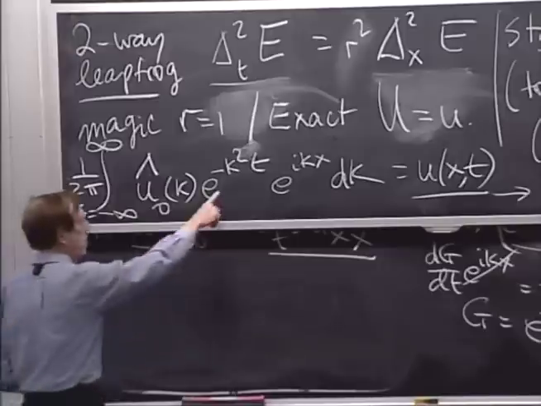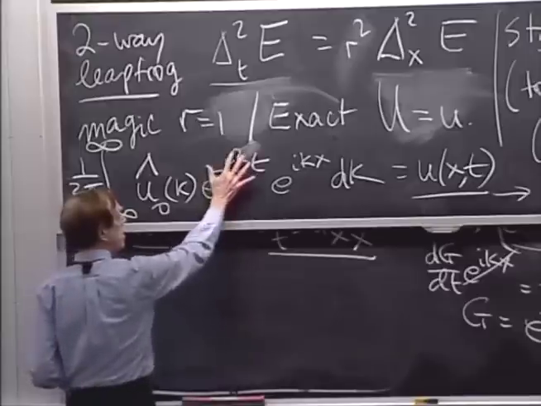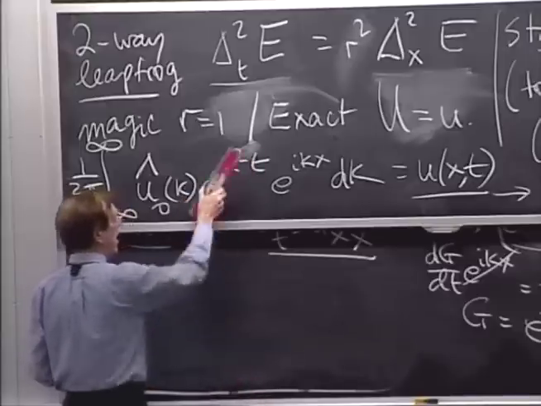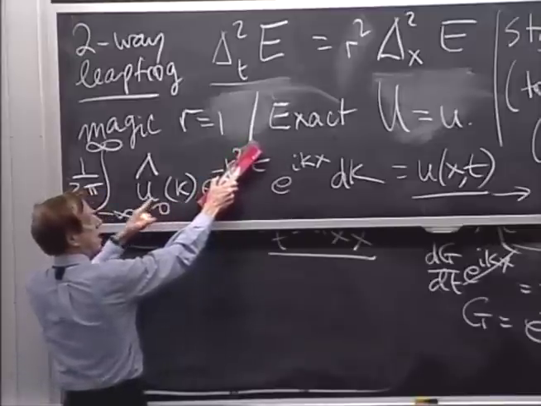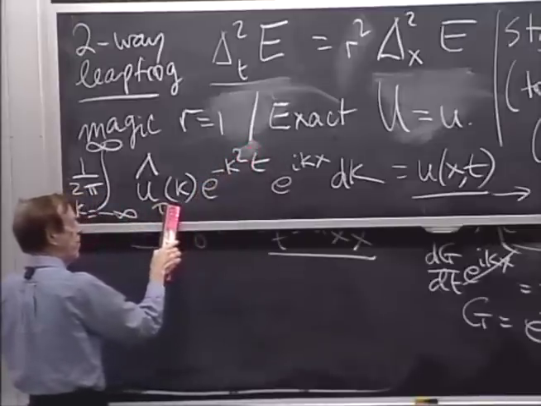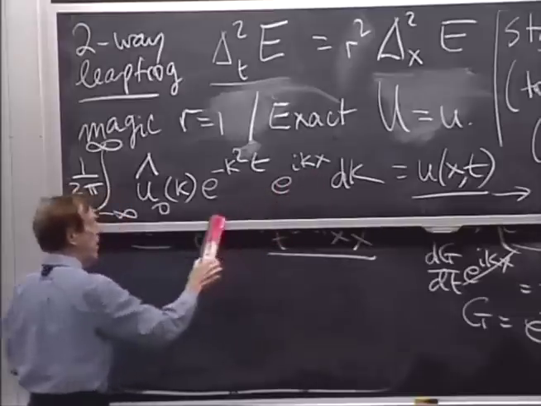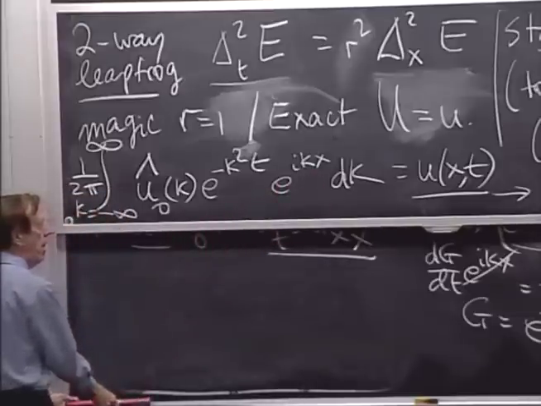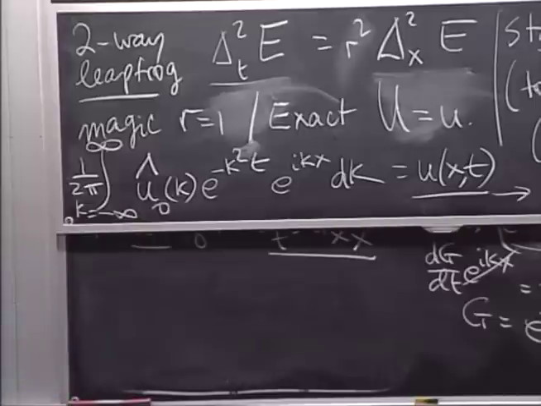At t equals 0, at the start, this is 1. So at the start, this formula, without that thing there, is just the inverse Fourier transform that takes the Fourier transform, multiplies by this, integrates to recover u0. So it does start out correctly.